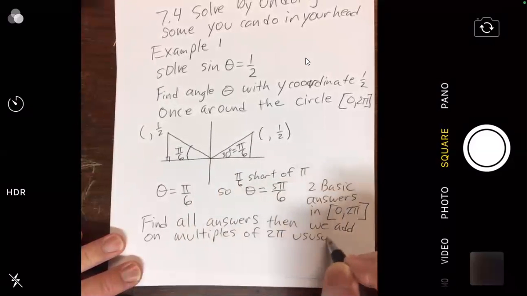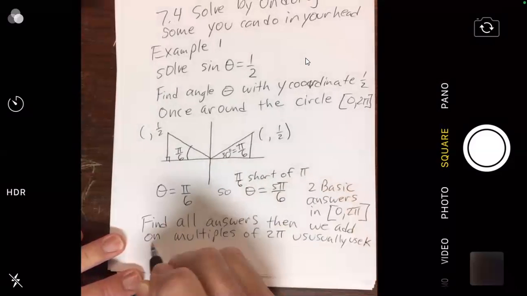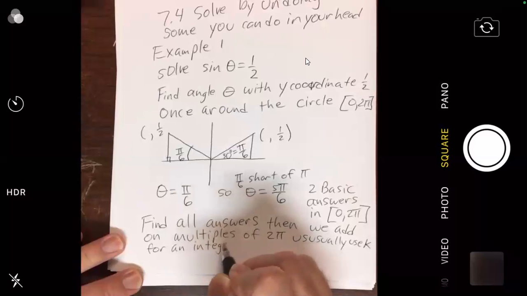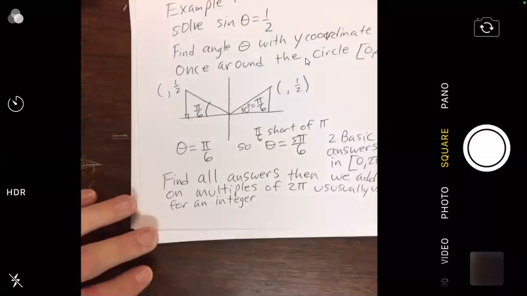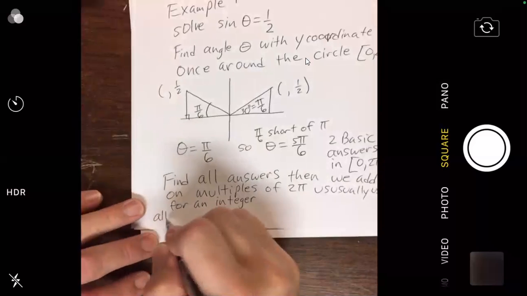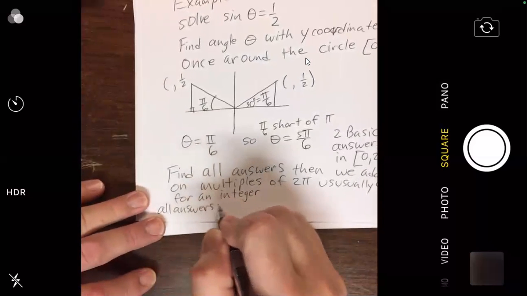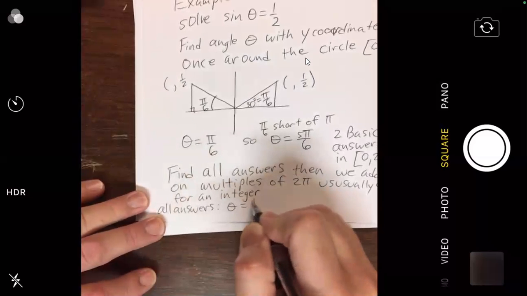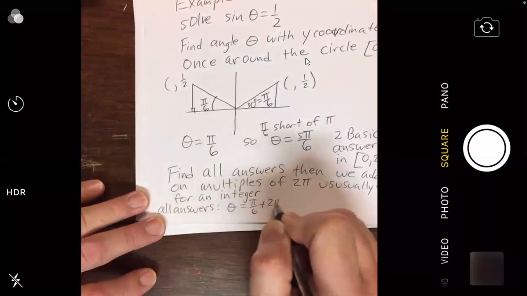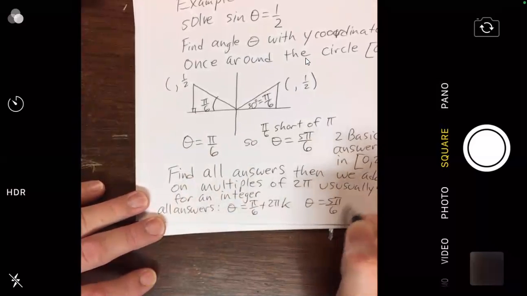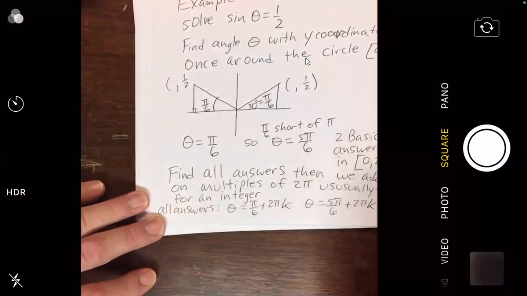Usually use k for an integer. Okay, so I would write all solutions. Theta would be pi over 6 plus 2 pi k. Theta would be 5 pi over 6 plus 2 pi k.